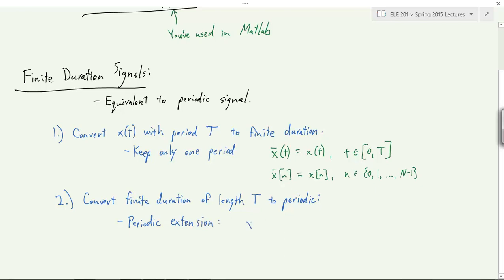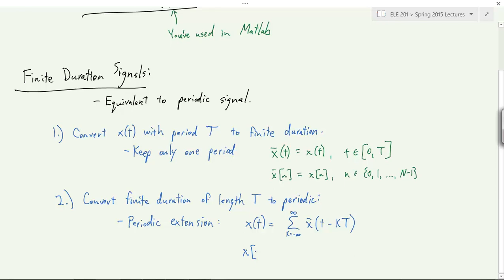So mathematically, we would say, let's define x of t equals an infinite sum of its one period, this x bar, with shifts of distance cap T. Okay, so there's the periodic extension of a finite duration signal for continuous time.